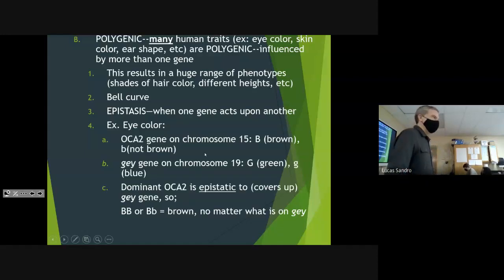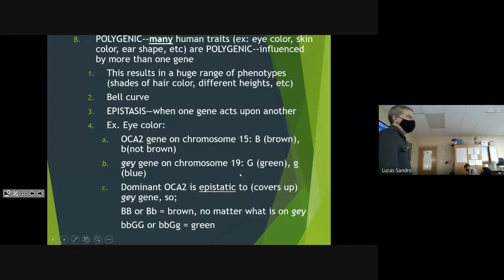Only if you're little b for that first gene do we then worry about your second gene. And if you're little b, big G, or big G, little g, that's a green-eyed person. And only if you're littles all the way through, 2 little b's, 2 little g's, that's a blue-eyed kid.